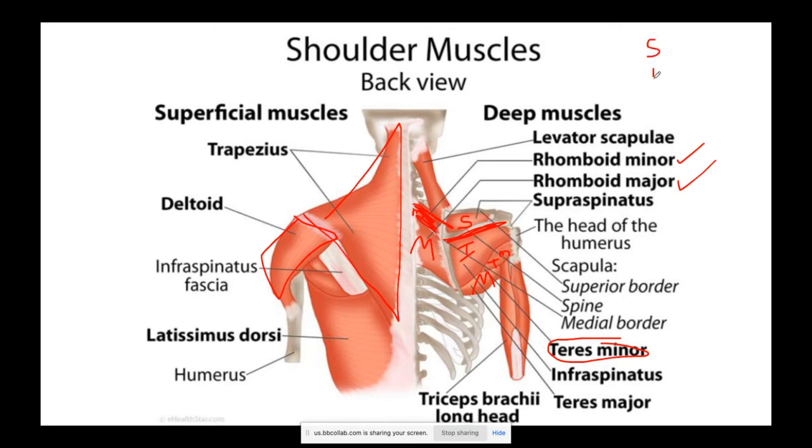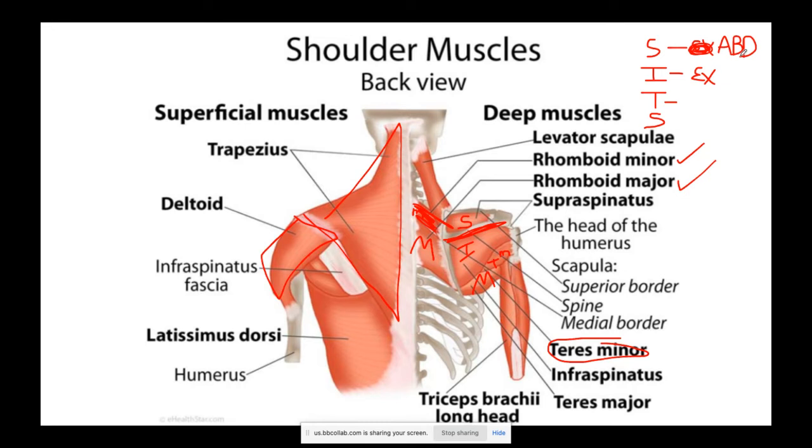So supraspinatus, infraspinatus, teres minor, and subscapularis. SITS, S-I-T-S. If you write that down in order, the supraspinatus is going to externally rotate the shoulder. The infraspinatus will also externally rotate the shoulder. Oh, I'm sorry, my bad. Hold on, let me change that. The supraspinatus, remember we said the supraspinatus does not rotate.